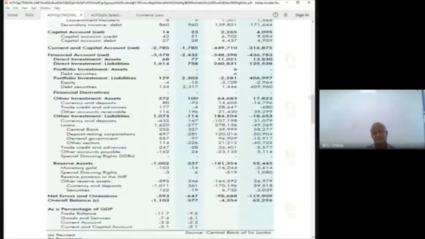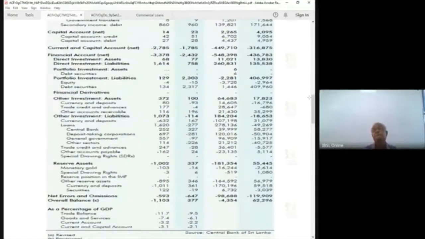From time to time, the central bank, on behalf of the government, issues international sovereign bonds. What is a sovereign bond? Dollar-denominated bonds issued to other countries to raise dollar funds for Sri Lanka. Around 2019, we issued international sovereign bonds amounting to US dollars 4.4 billion.